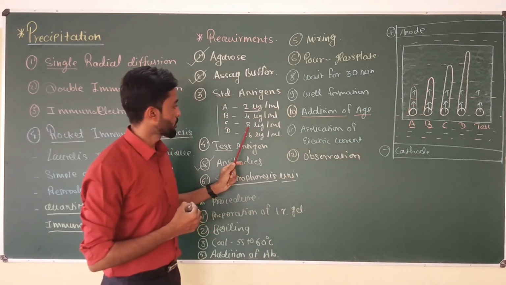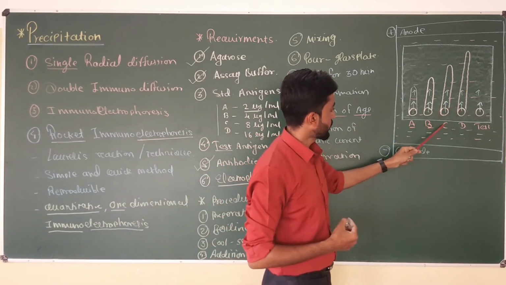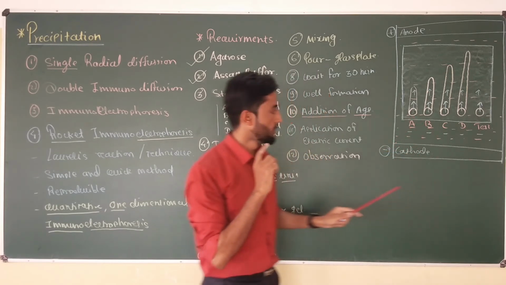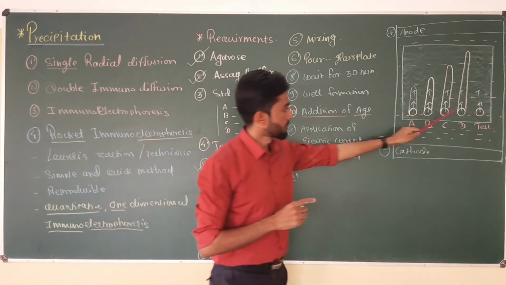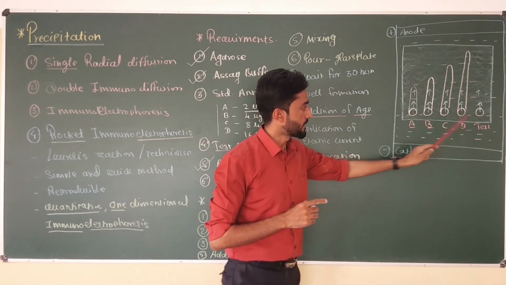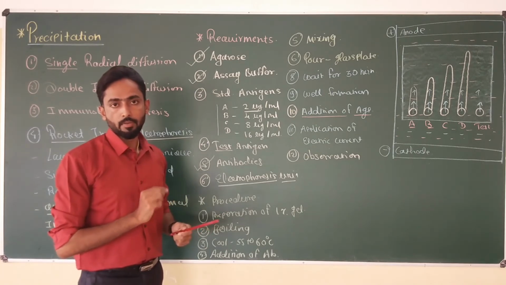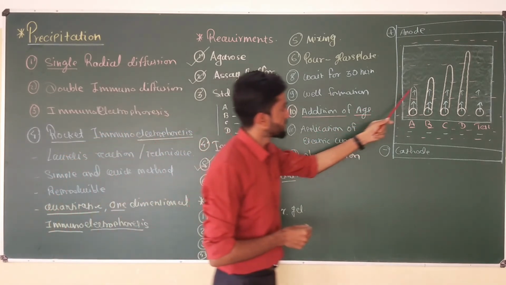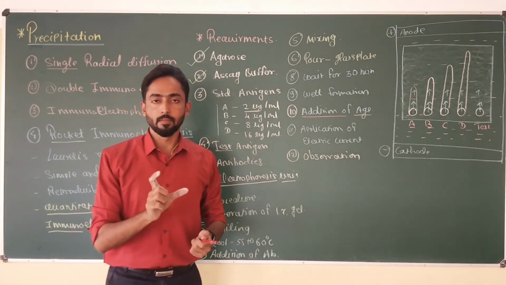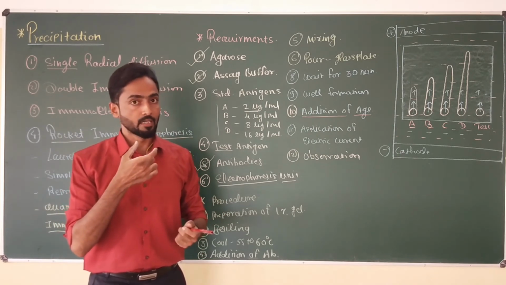C antigen has 8 microgram per ml, so the height of the C precipitation line will be more than A and B. The highest rocket height will be observed in the well which contains D antigen with 60 microgram per ml concentration. So the height of these rockets produced after the electrophoresis is proportional to the concentration of antigen present in the well.